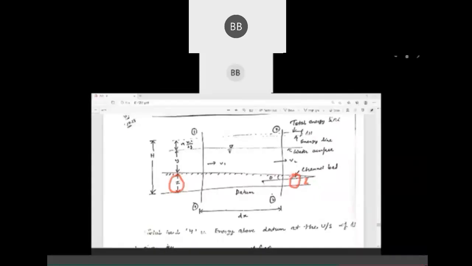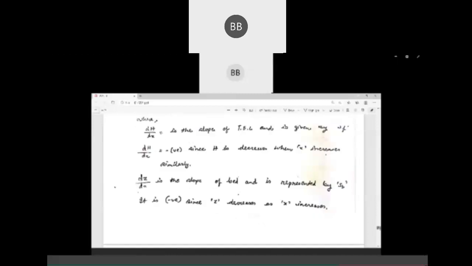So this z is always greater than this. Okay? That is why our dz by dx is negative, since z decreases as x increases. Okay?